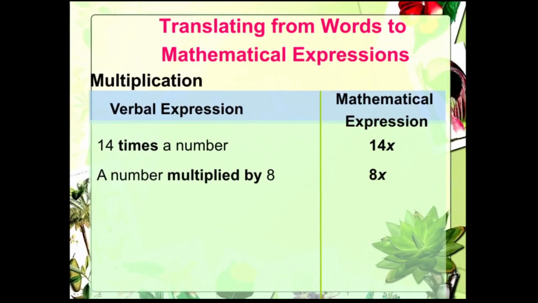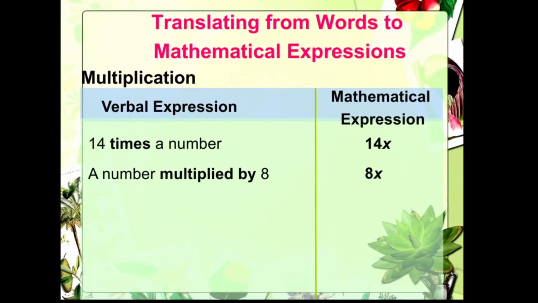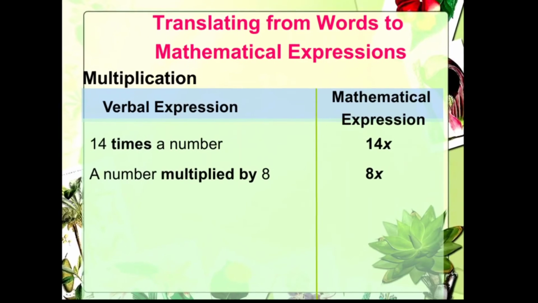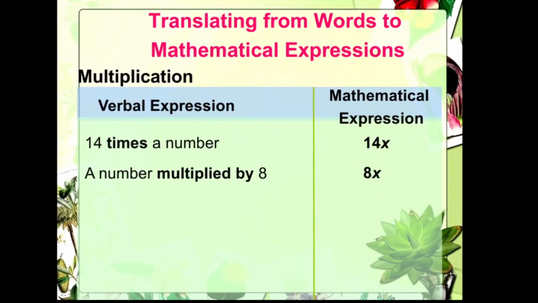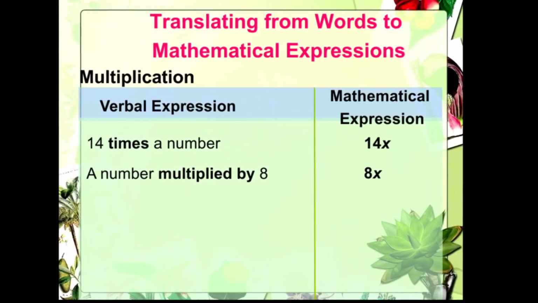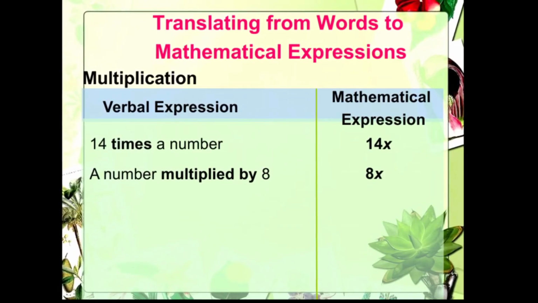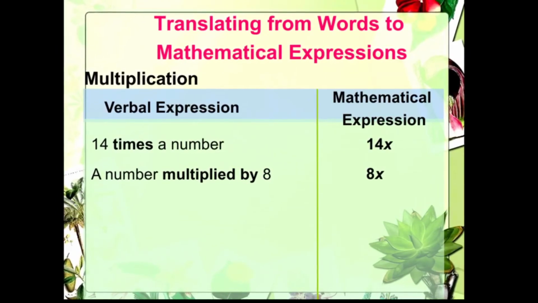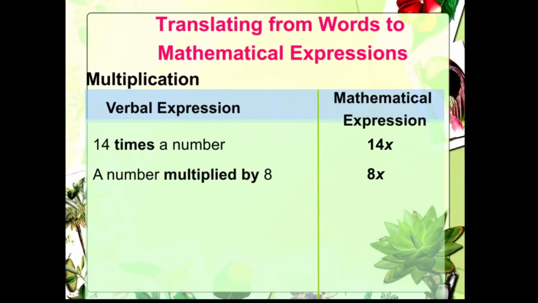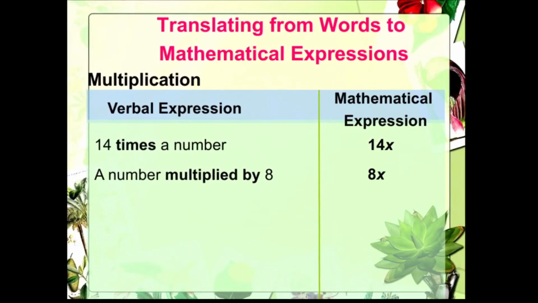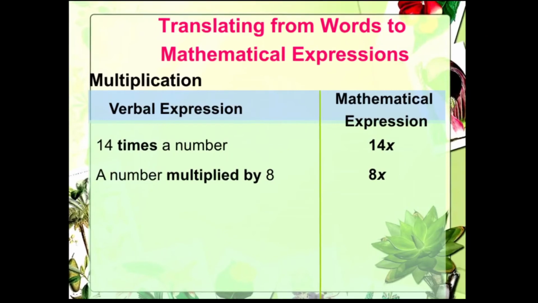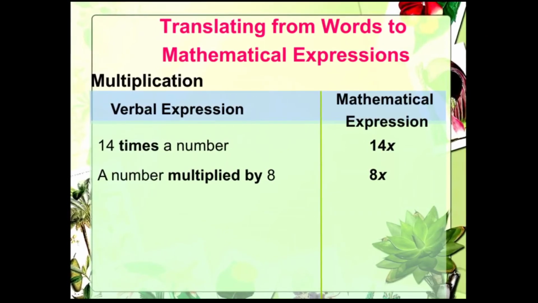Why? Because in multiplication, the letter is written after the number. Again, the letter is written after the number. So instead of having x times 8 or x8, your answer should be 8x. That is always number, then after that, letter for multiplication.